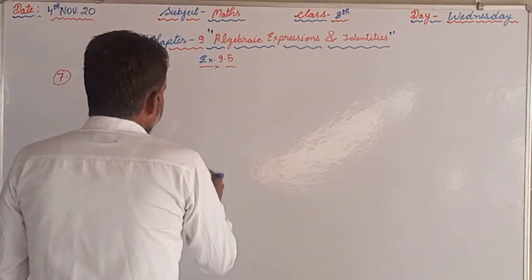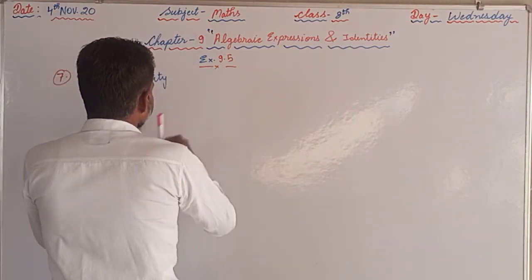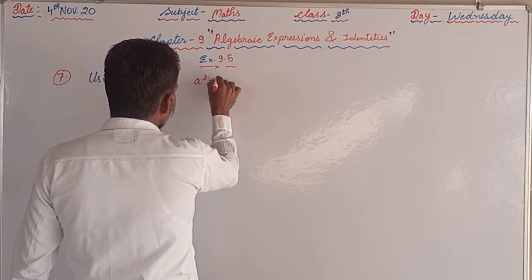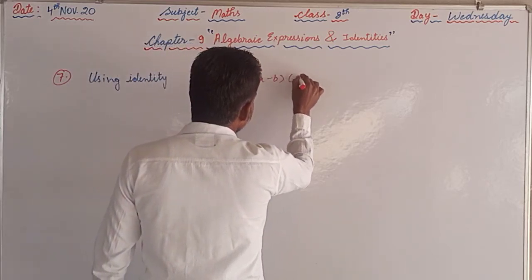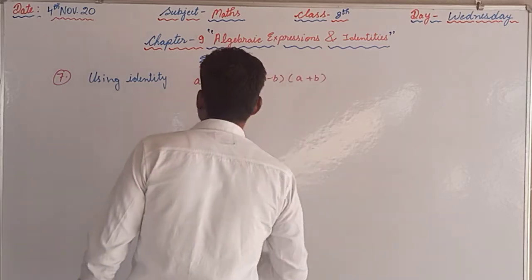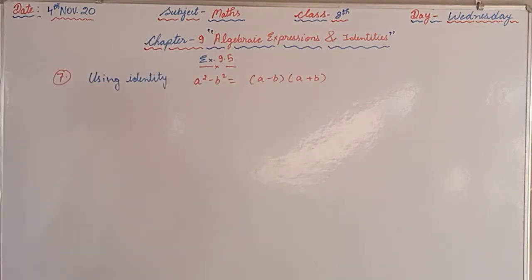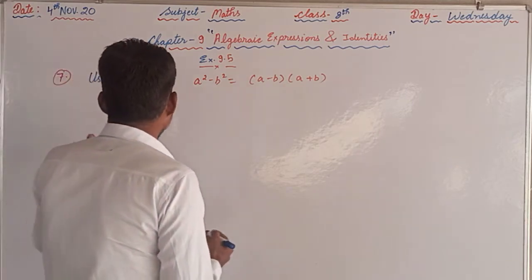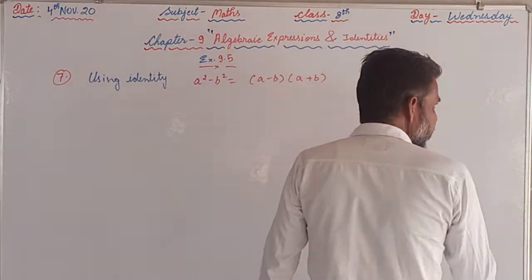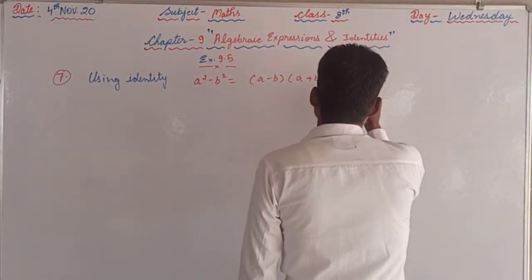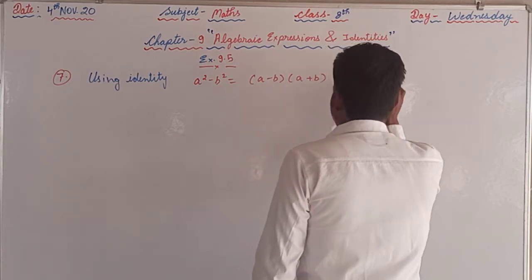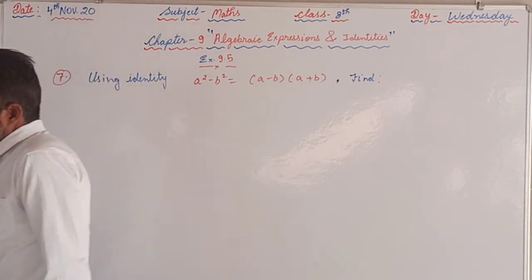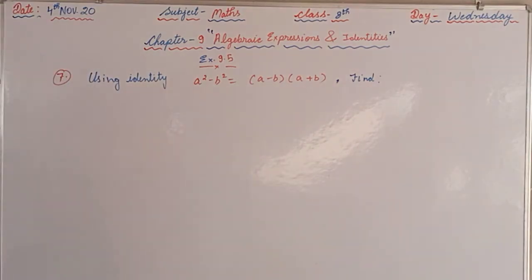That is a square minus b square, that is a minus b into a plus b. We are supposed to find, using the identity a square minus b square equals a plus b into a minus b, the value of the given expressions.